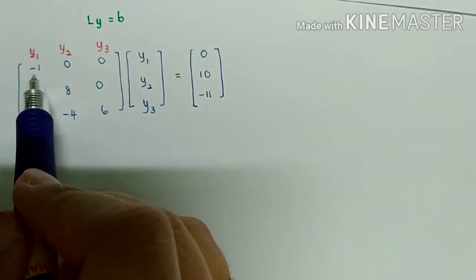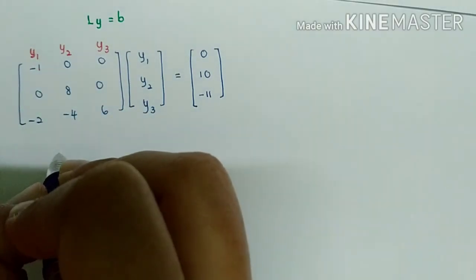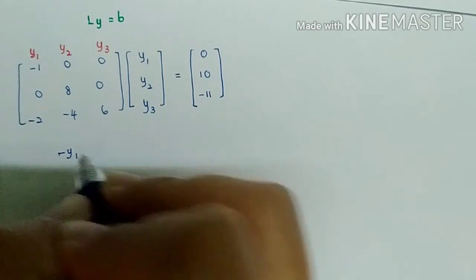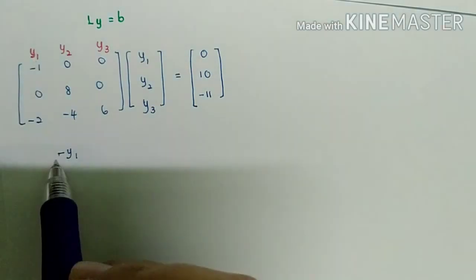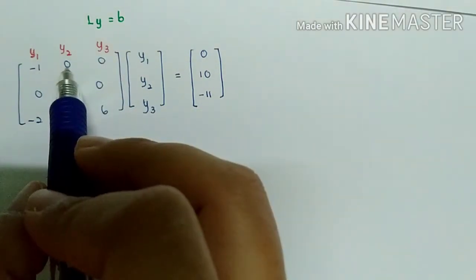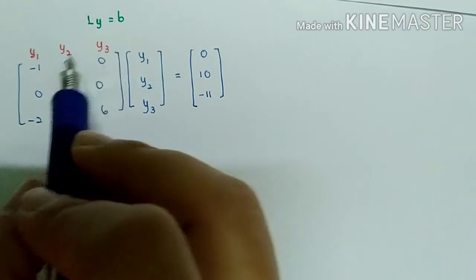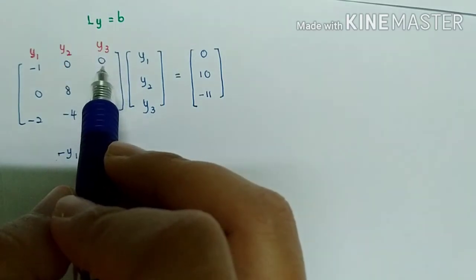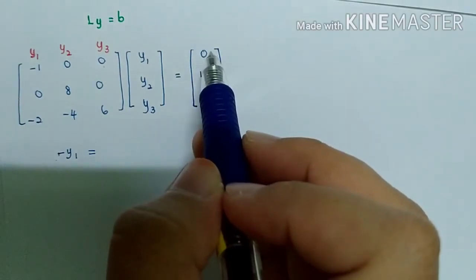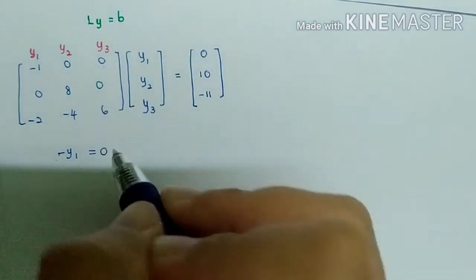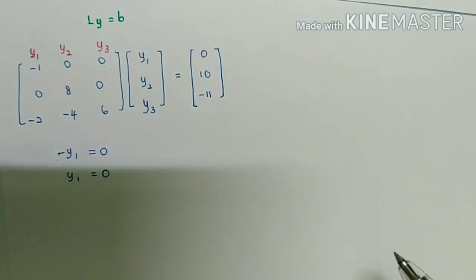For the first row, we have negative 1 times y1, so we can write negative y1, plus 0y2 plus 0y3. So we don't have to write y2 and y3. And then equals, the right hand side is 0. Therefore y1 is equal to 0.